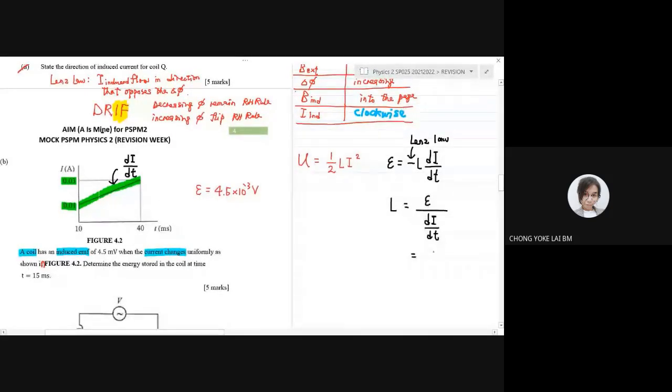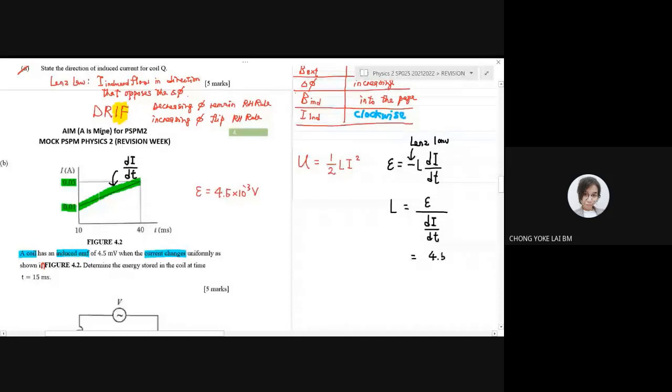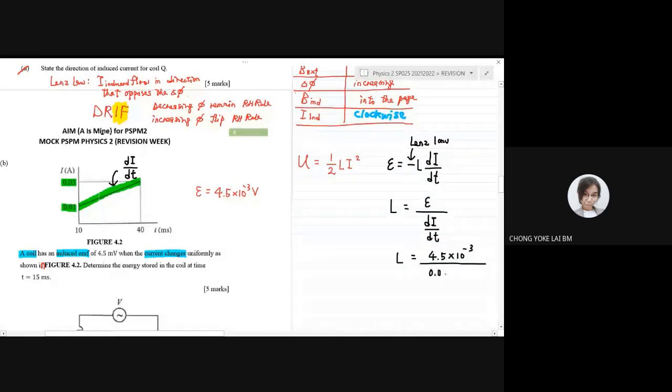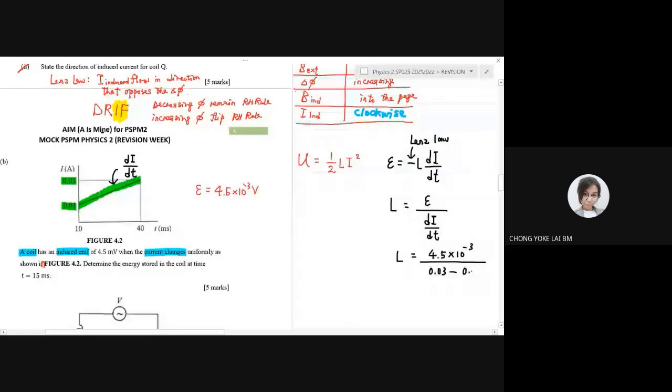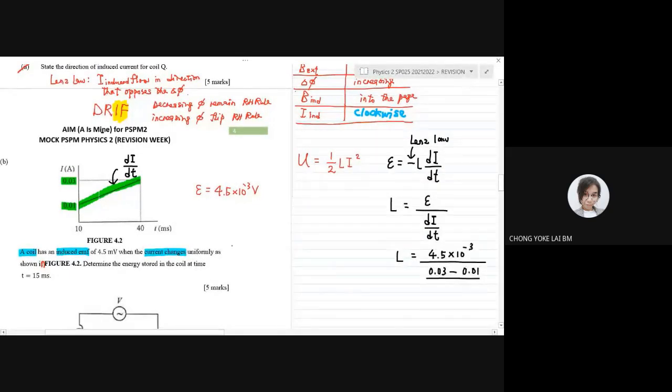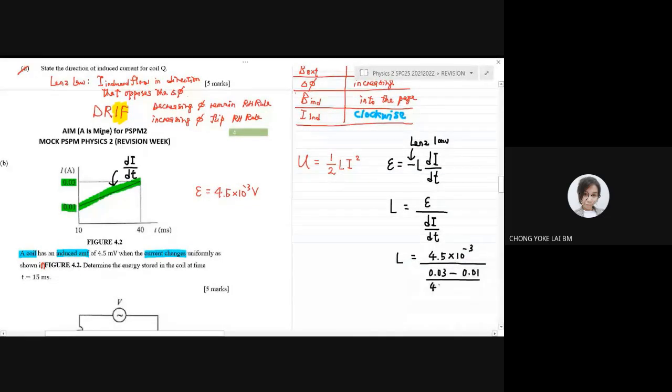So, EMF induced is 4.5 times 10 to the power of negative 3 divided by the rate of change of current. You boleh gunakan maklumat ni. Perubahan current ni. So our change of current is 0.03 minus 0.01 over the time taken for the changes, 40 millisecond minus 10 millisecond.